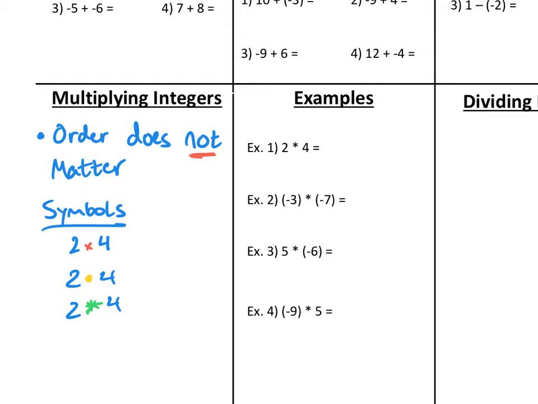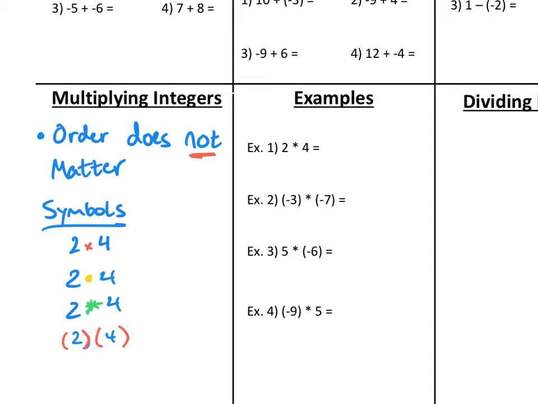All right. Another way that you can see multiplication is they could just use parentheses. And they could use it a couple different ways. So they could use parentheses around both of them, like here.